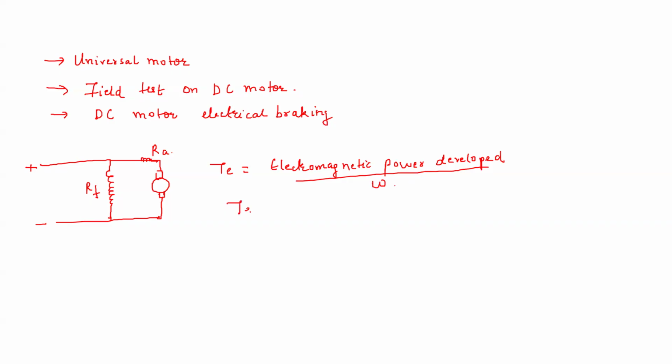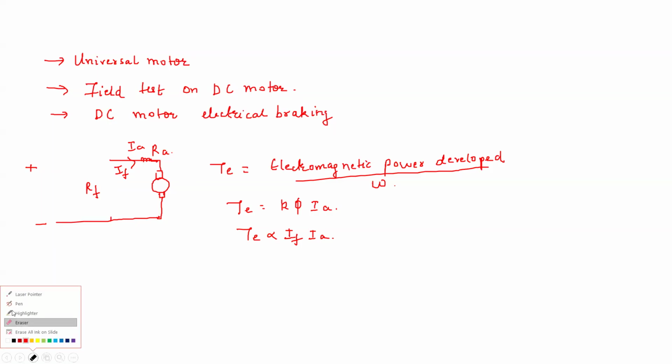So you will see that there will be some proportionality constant, let us say it is K, and then it will be dependent on phi and Ia. K phi Ia. So torque is proportional to IF and proportional to Ia. Let us say that the direction of IF is like this and direction of Ia is like this. Let me draw the direction more clearly.